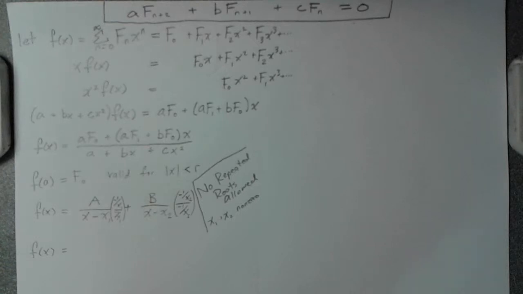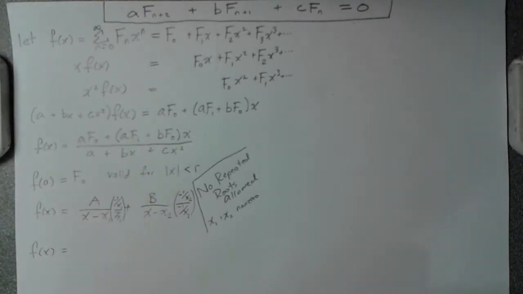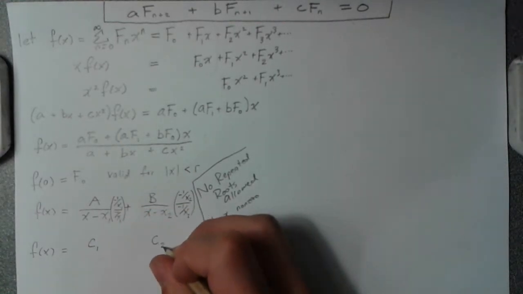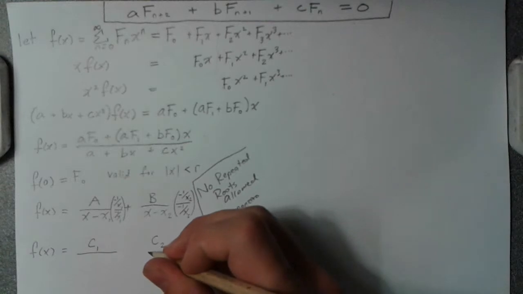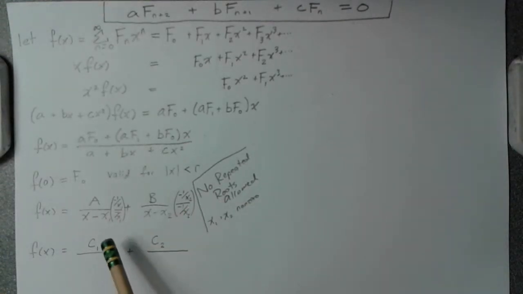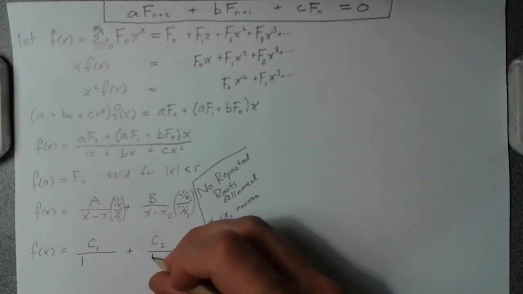So what I can do here is define some new constants. I'm not going to talk about a and b anymore. I'm going to say a times -1 over x1, I'm just going to call that c1. And this one I'm just going to call c2. And in the denominators here, the reason I divided by -1 over x1 in this case was because that'll turn this minus x1 into just a 1. And here that'll turn this minus x2 into a 1.